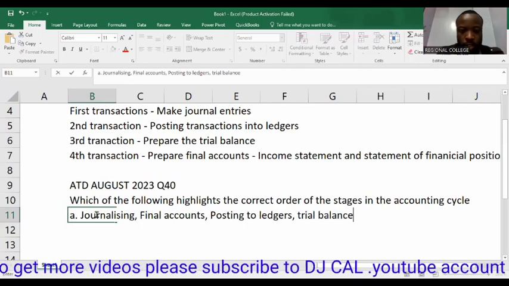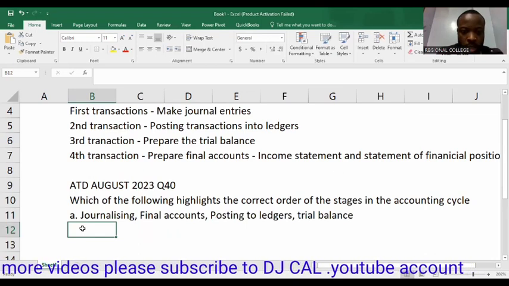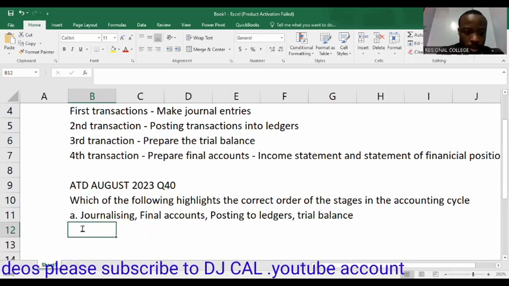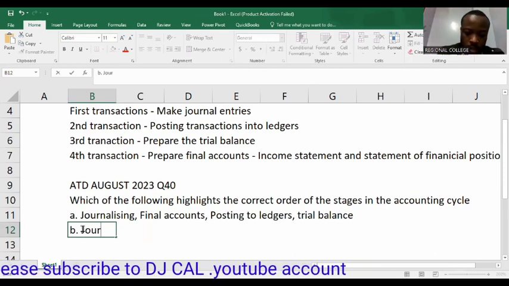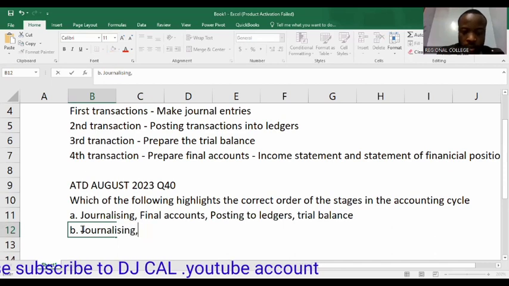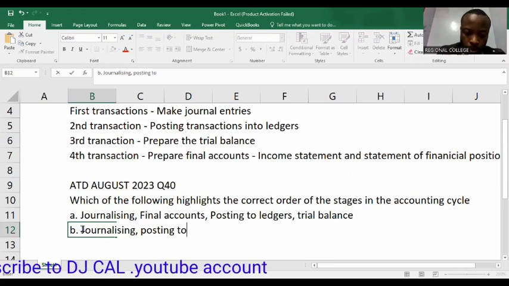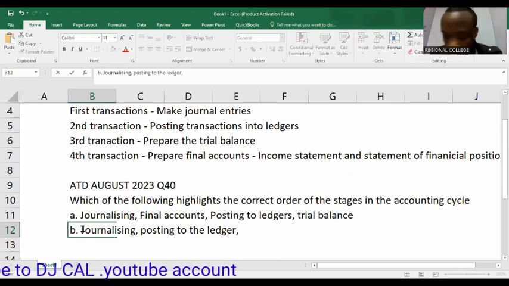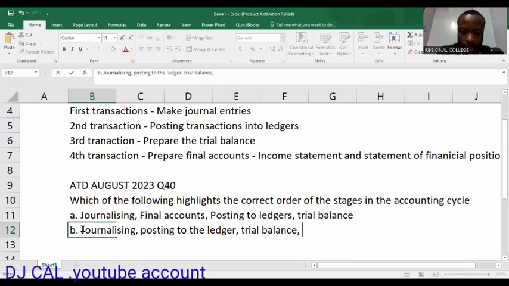Automatically, a good student has already identified that this choice is wrong, because you cannot end with the trial balance. You always end with the final accounts. Then B says journalizing, posting to the ledger, trial balance, and the last one is final accounts.